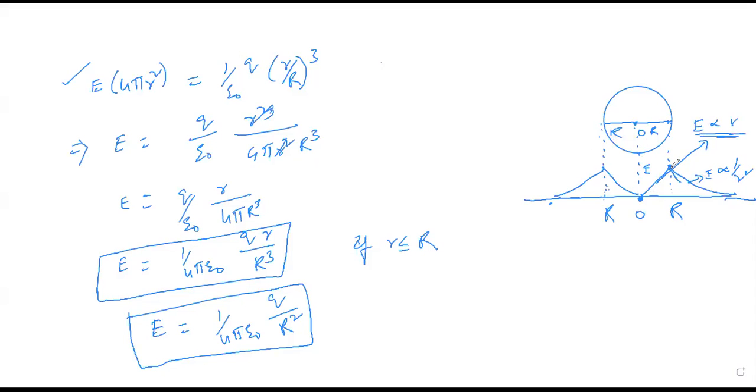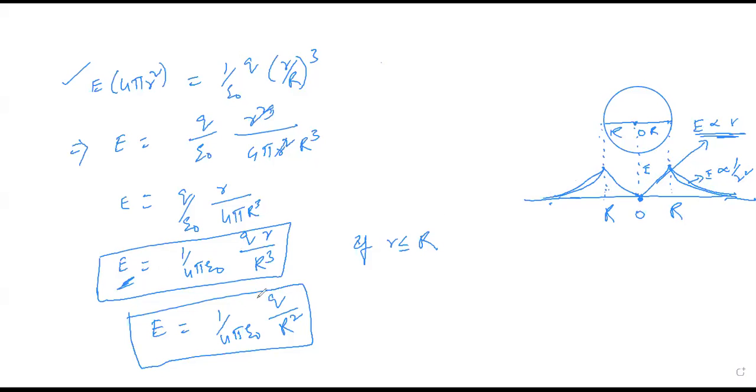Wherever the inverse is there, you get the curve; this is also a curve. Where you have a slant line, a straight inclined line, that is called direct proportion, linear. So wherever the electric field intensity is at the surface or outside the surface, it is inversely proportional, and if the point is inside, then it is directly proportional.